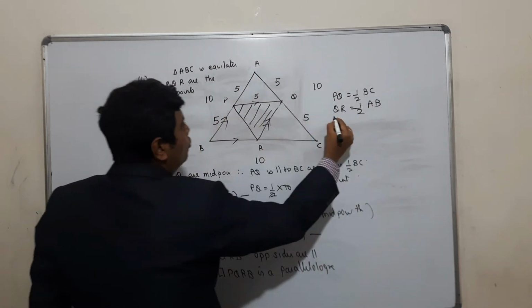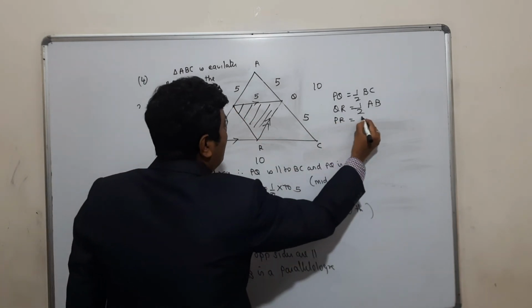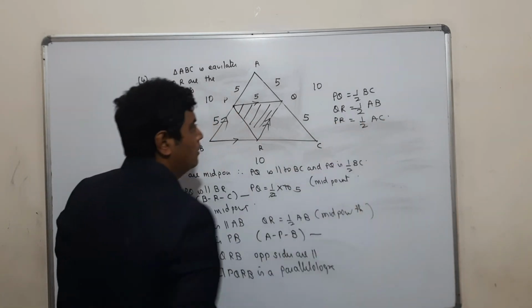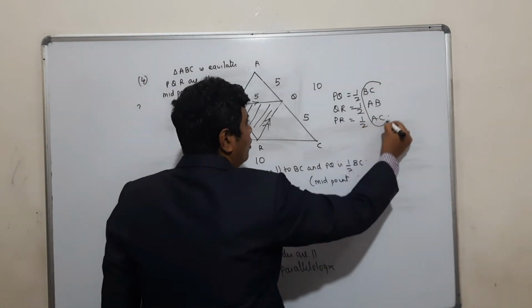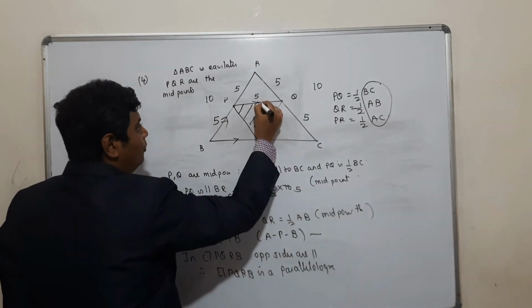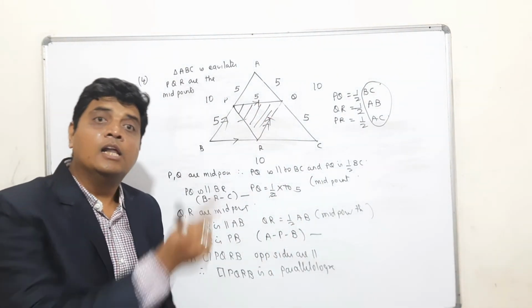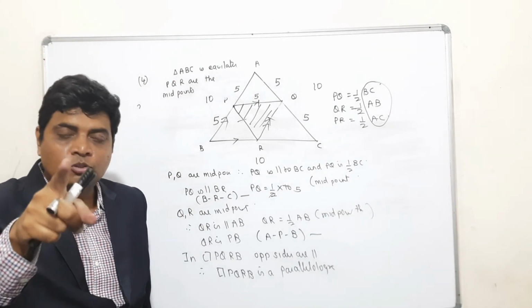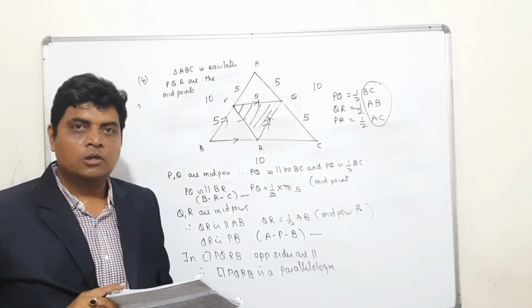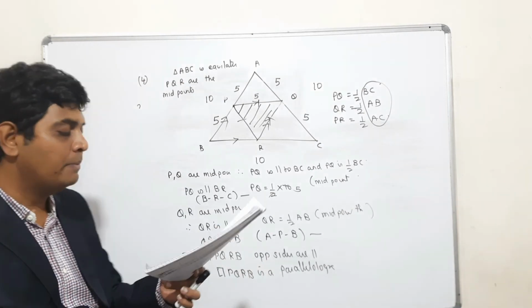And can I say PR is half of AC? But all these three sides are equal because they are sides of an equilateral triangle. So therefore PQ is equal to QR equal to PR. All three sides are equal. So PQR also becomes an equilateral triangle. Such a question can also come. And this question is there in your solved examples. Whenever you are preparing for your maths, you should thoroughly go through the solved examples also.